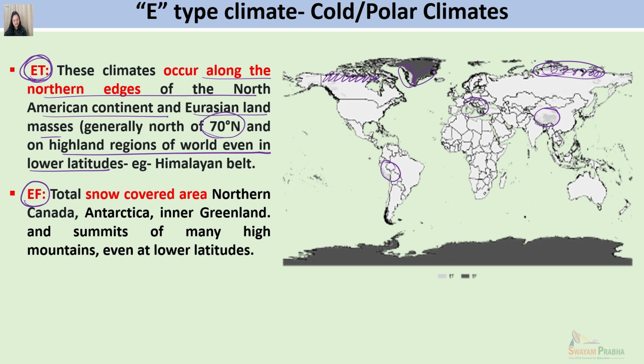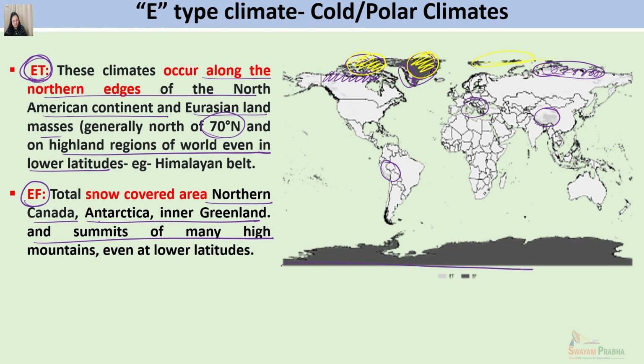Besides this, EF type of climate includes the total snow-covered area, which was in northern Canada, Greenland, and Antarctica. So here in the map, you can see that's the northern part of Canada, which is totally under snow, central Greenland region, which is also totally snow-covered, formed part of this particular EF type of climate. And certain pockets in northern Siberia region are totally snow-covered.